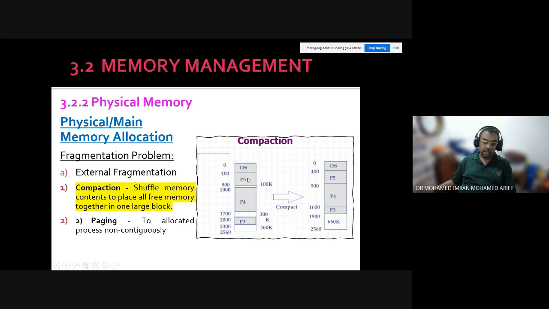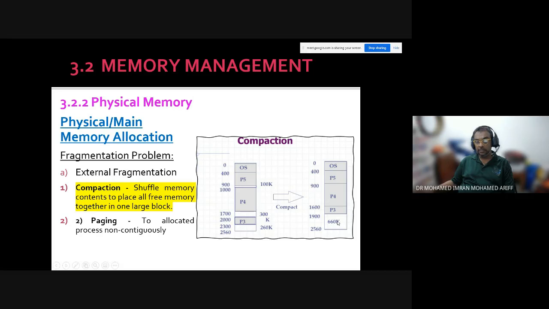The process by which the operating system shuffles these empty spaces is called compaction. Compaction means shuffling memory content to place all free memory together in one large block. This is how it's done: 100, 300, and 260. When you shuffle them together and put them in one empty spot, you get 660K.